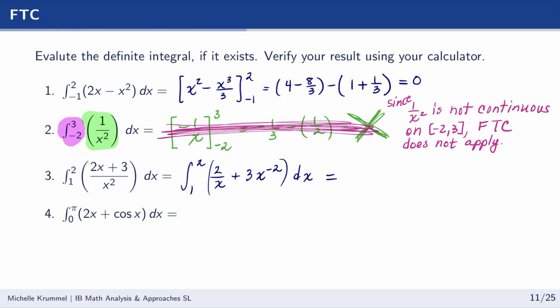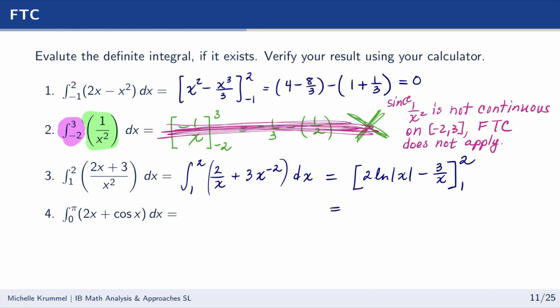Okay, so now we can get our antiderivatives. For 2 over x, it's 2 ln absolute value x. And then for 3x to the -2, it's 3x to the -1 over -1. So -3 over x. And we are evaluating from 1 to 2.